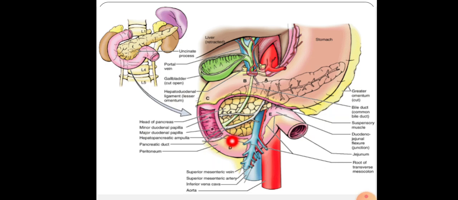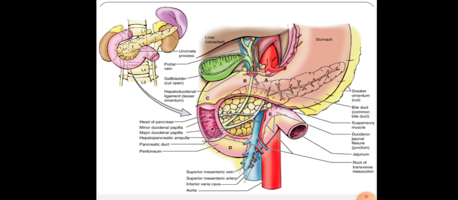The duodenum extends from the first lumbar vertebra to the third lumbar vertebra. It has four parts: first part, second part, third part, and fourth part.